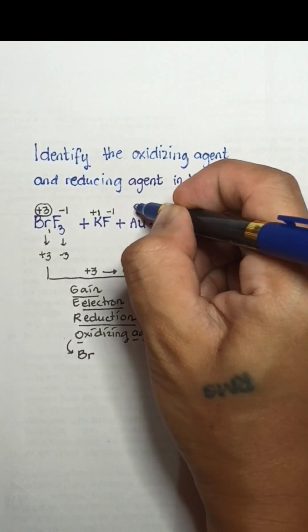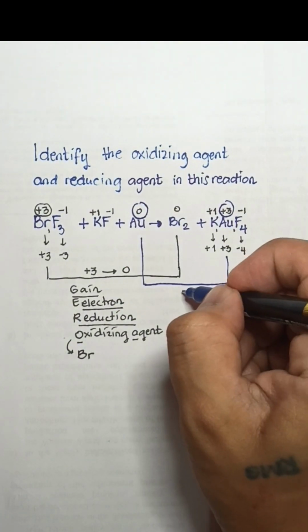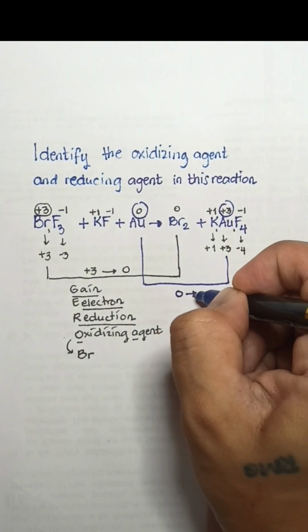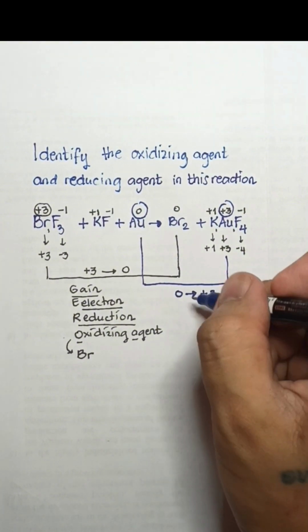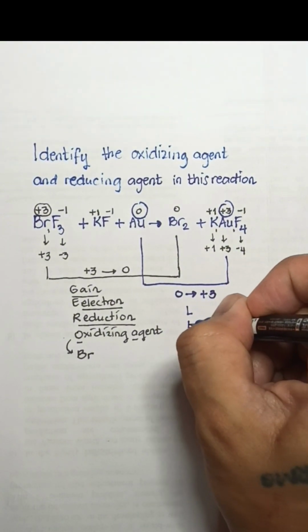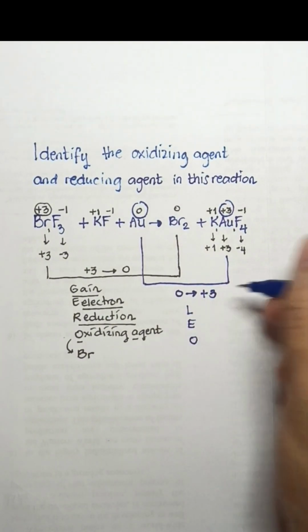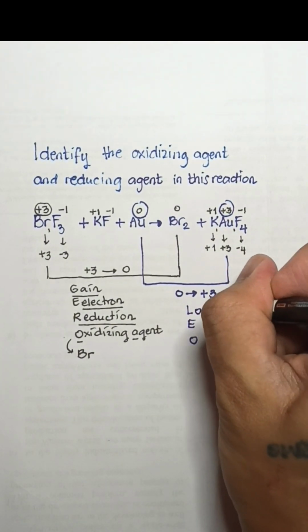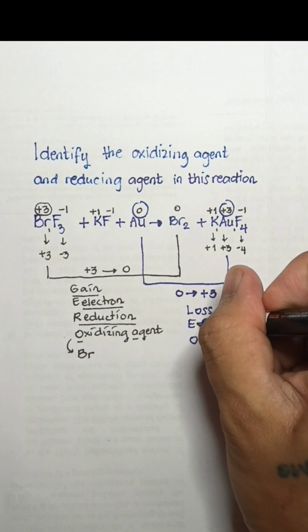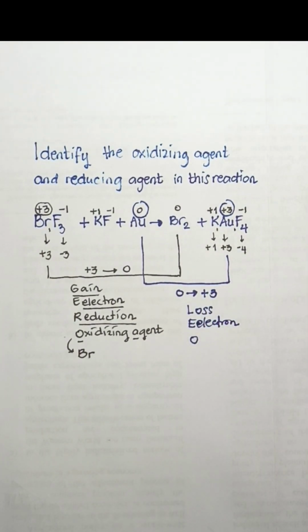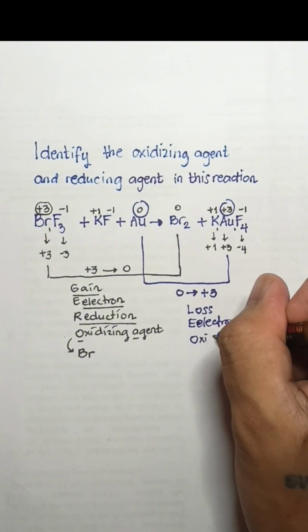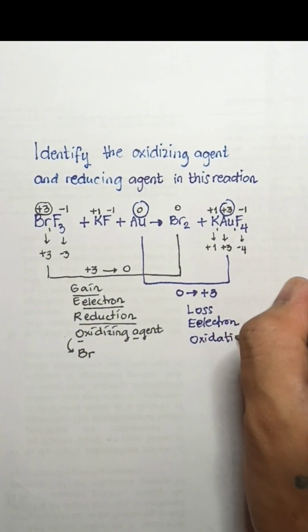Gold is a metal, and normally metals, they lose electrons. So we can write a mnemonic LEO. L for loss, E for electrons, and O means oxidation.